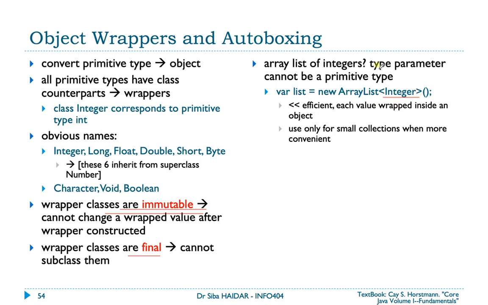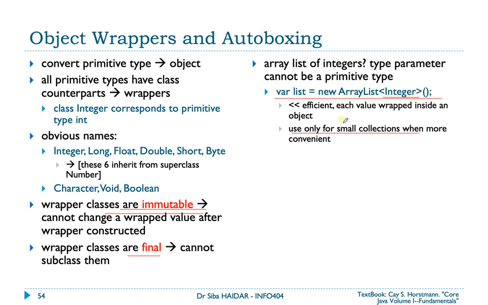So you need to construct an array list of integer type, and you declare var list equal new array list of integer. So of course, obviously, this is less efficient than an array of primitive type int, but sometimes you will be obliged to use this. And as an advice, use it only for small collection.